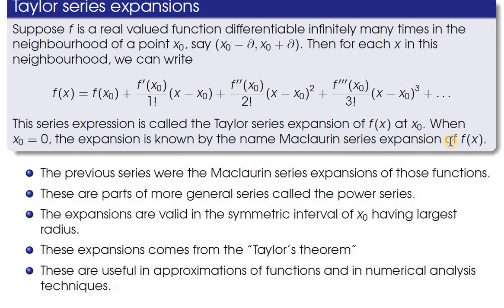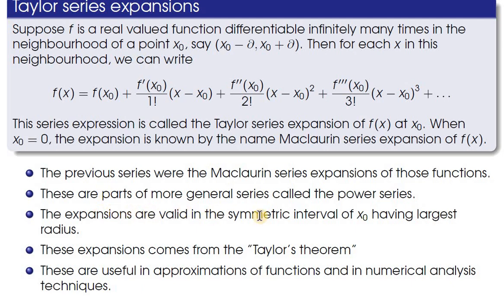So Maclaurin series expansion is nothing but the Taylor series expansion where the point at which the expansion is done is the standard origin, or 0. And you can see later that these are all parts of a special series called power series expansions.